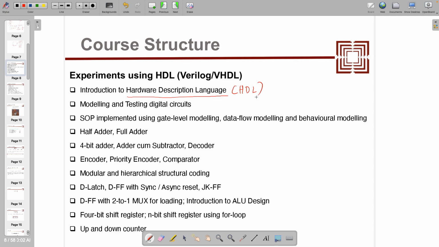We are going to model and test some digital circuits, make SOP implementation at gate level and many other things like half adder, full adder. At the end, our aim is to make an efficient processing circuit which deals with arithmetic logic. That's why we need half adder, full adder, subtractor, decoder, encoder, priority encoder, comparator, all these things with timing, meaning with clock, and without clock.